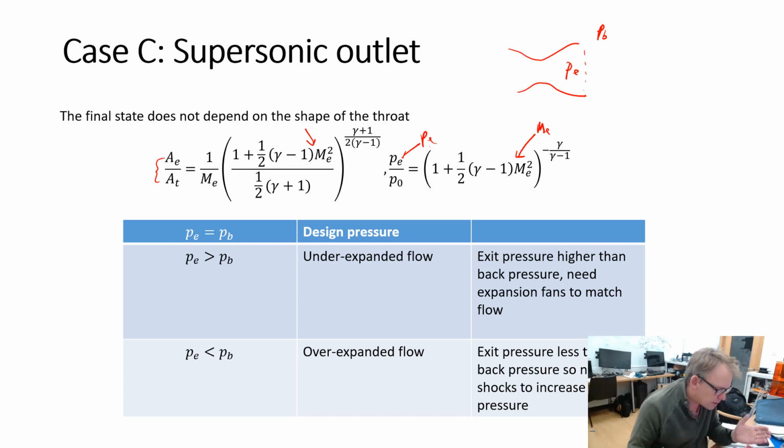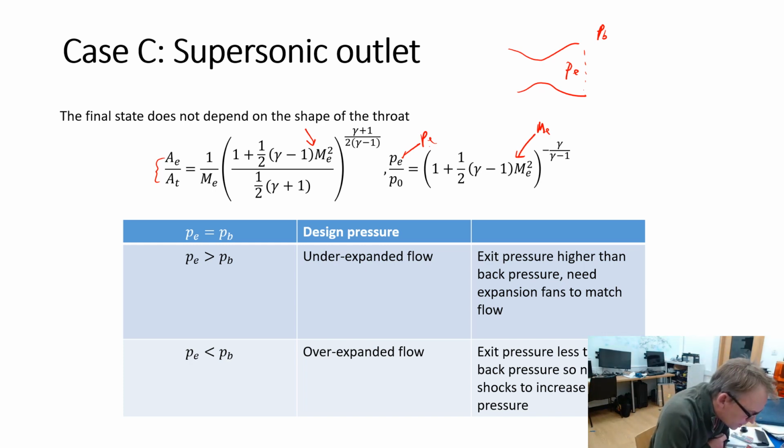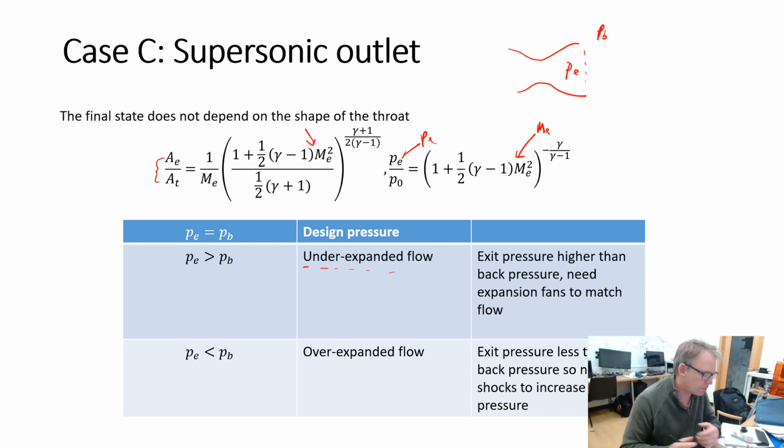As you expand, the pressure goes down. The velocity goes up, the Mach number goes up, the pressure goes down. And so this is called underexpanded. So you've not expanded enough by going through the nozzle in order to reduce the exit pressure.